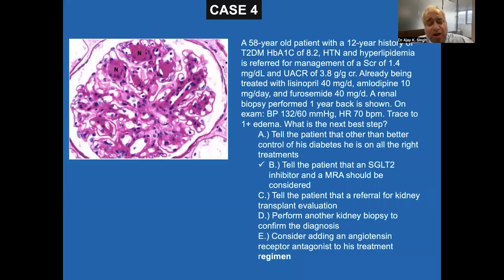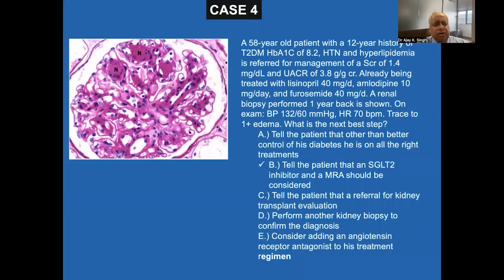And the best agents now for that would be an SGLT2 inhibitor and consideration of adding in a non-steroidal mineralocorticoid receptor antagonist. Obviously, there might be some concern that in the background of angiotensin inhibition, adding in non-steroidal mineralocorticoid receptor antagonists might be associated with hyperkalemia.